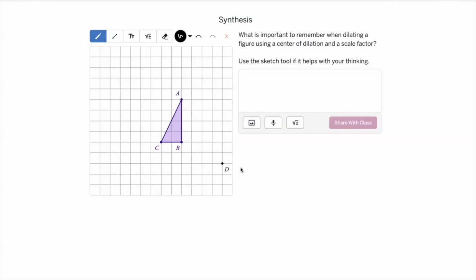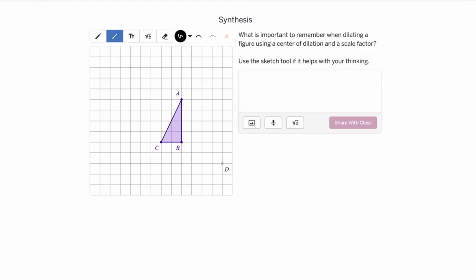This is the last one we're going to do. So this is what is important to remember when dilating a figure using a center of dilation and a scale factor. I'm not going to answer that question for you. I'm just going to show you what we've been doing.